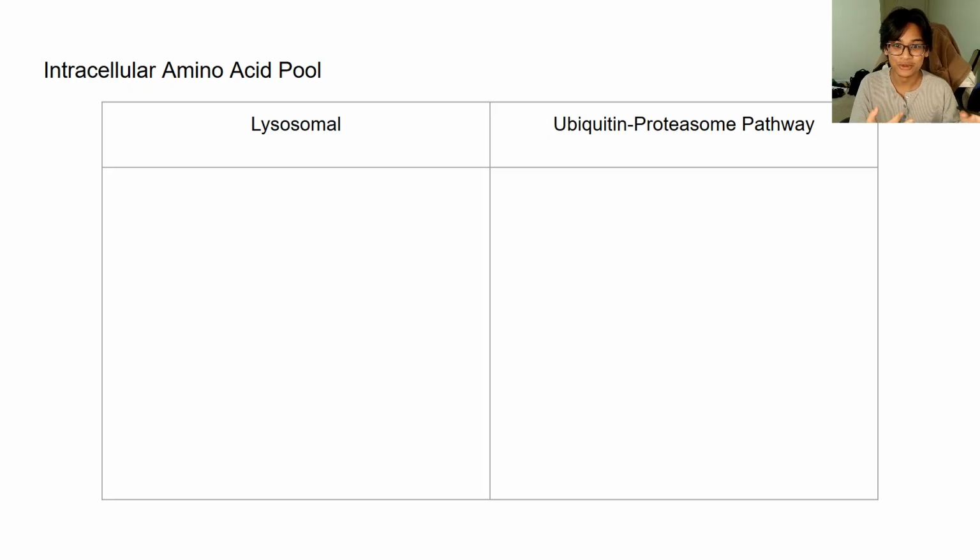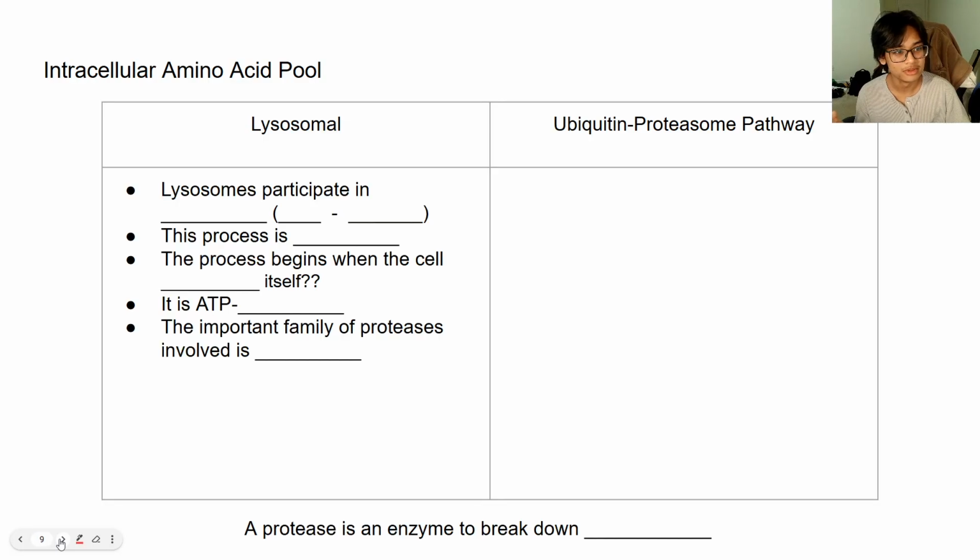This is what we know so far about lysosomal protein degradation and the ubiquitin proteasome pathway. Nothing, probably. You should probably know some, though. So let's start with lysosomal, because that's the much easier thing. Lysosomes participate in autophagy.